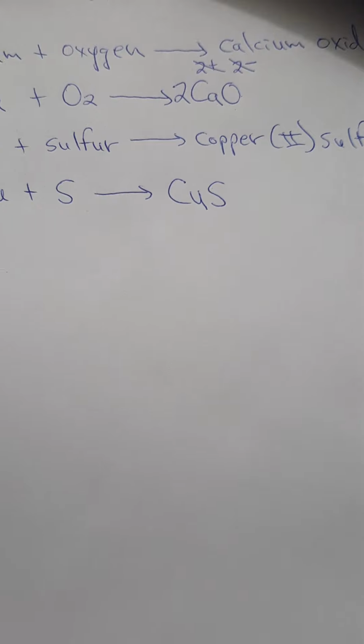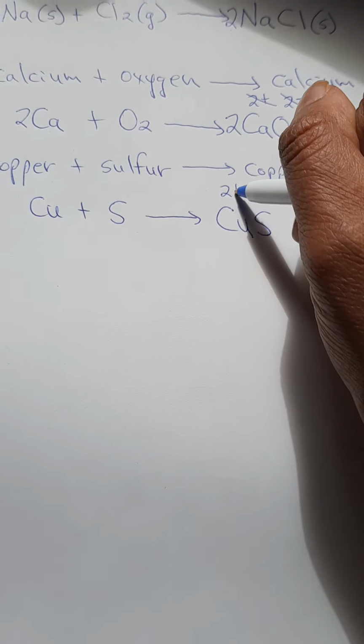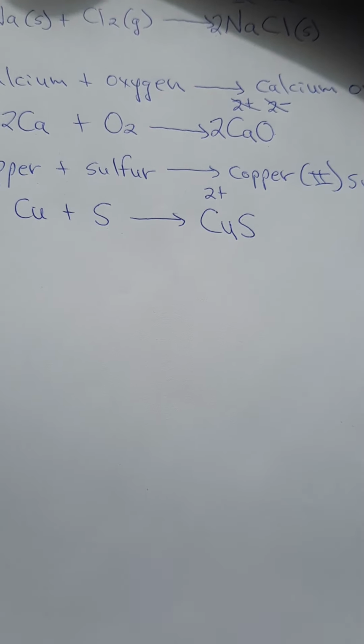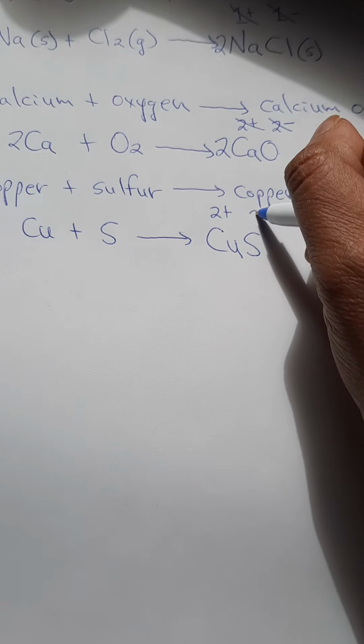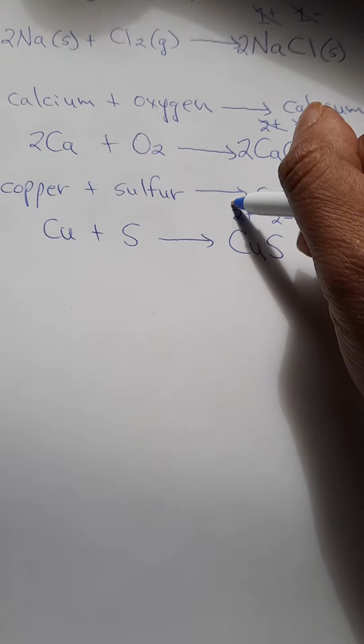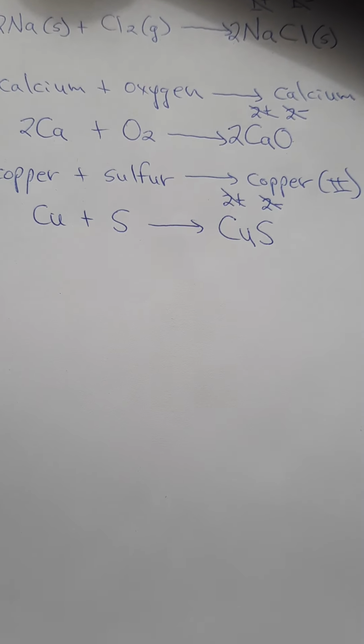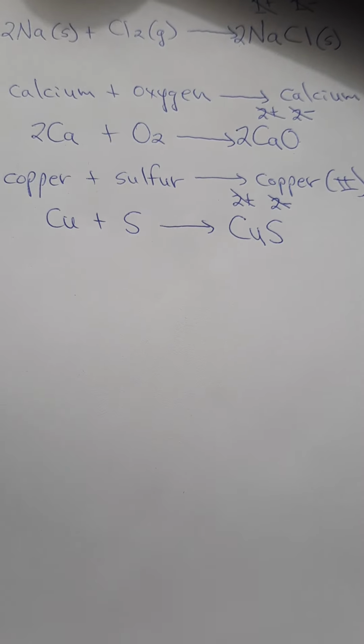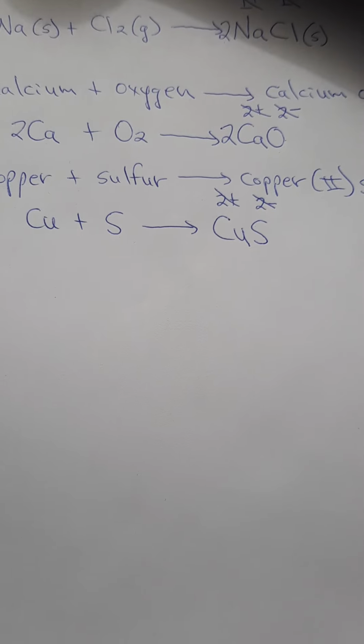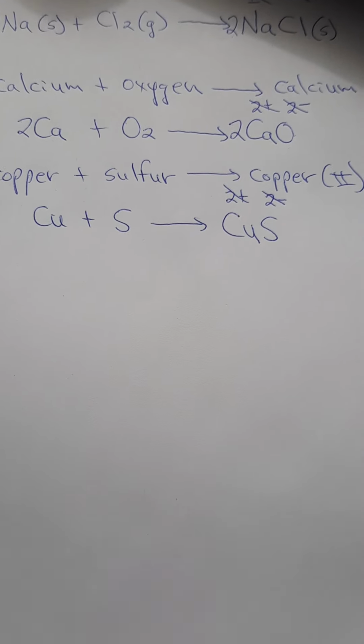I'm forming copper and sulfur together, and it's forming copper 2 sulfide. That means copper has a charge of 2 plus and sulfur has a charge of 2 minus. One more time, they're basically going to just cancel each other out. I'm just going to leave my equation like this. I notice everything is 1 to 1 here, so I don't need to balance anything out.